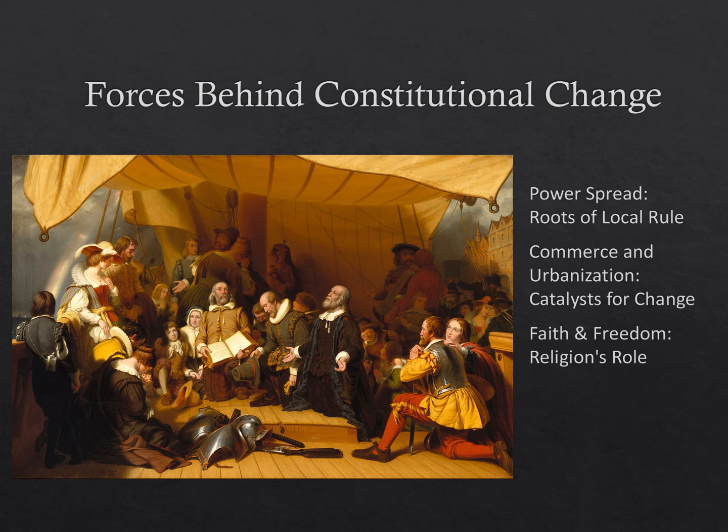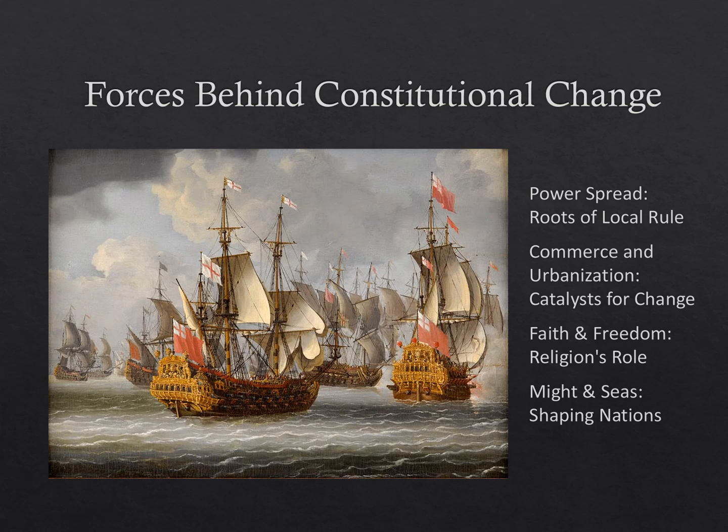Okay. Finally, another factor that is going to be important is going to be the fact that both the English and the Dutch were primarily naval powers. Now, this may not seem like the most obvious reason for them not adopting absolute monarchy, but it kind of makes sense.